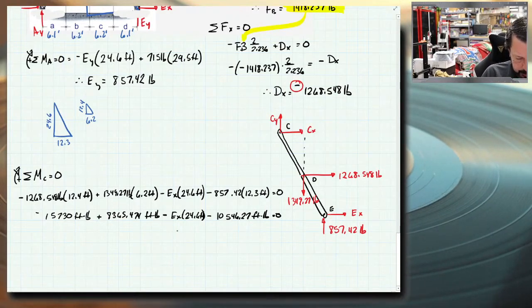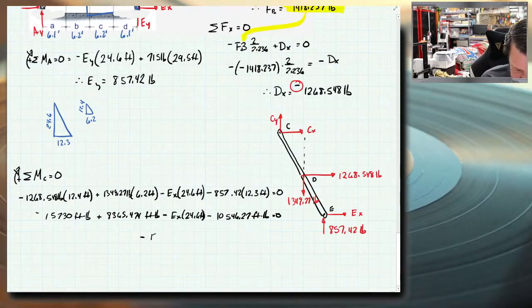And let's add up all these things. So I've got negative 15,730 plus 8365.474 minus 10,546.27. So the left side is negative 17,910.77 foot-pounds. And the right side, I move EX over, equals EX times 24.6 feet.